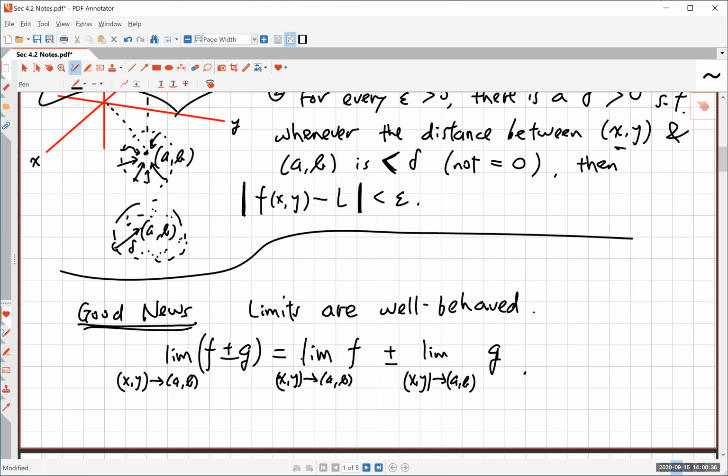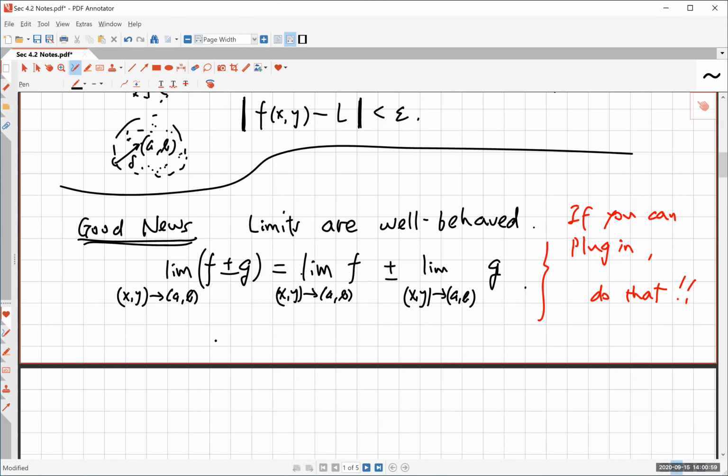All right. So all this really says, for our practical purposes, is that if you can plug in x and y values, then do that. And then it'll give you the right limit, just by plugging in. You remember this? I mean, you remember doing things like this on your Calculus 1 homework, right?